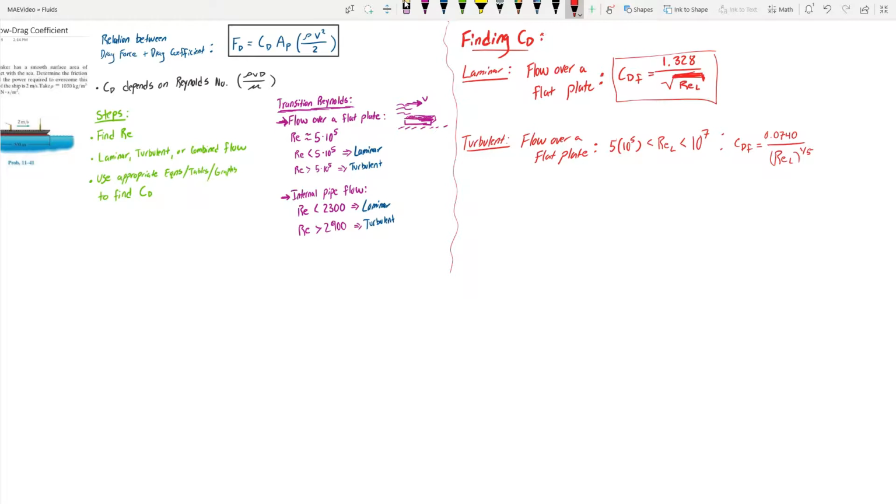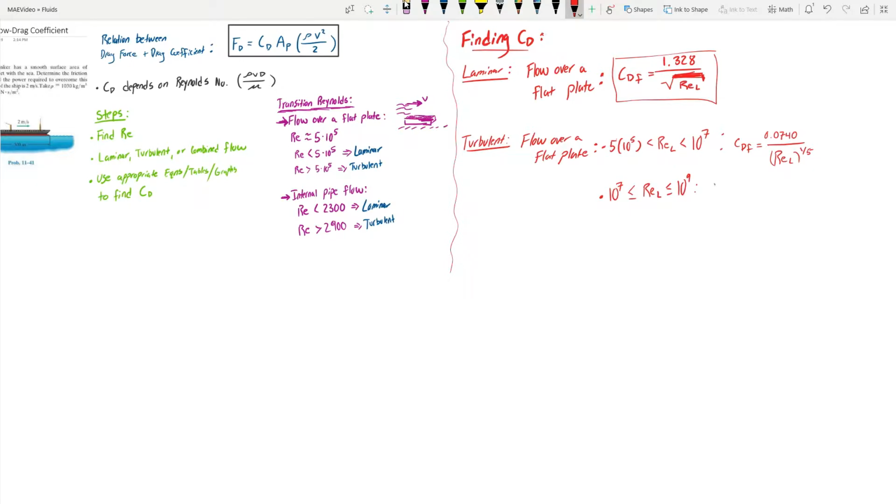So that's this case. And the other case is if your Reynolds number is between 10 to the 7th and 10 to the 9th.